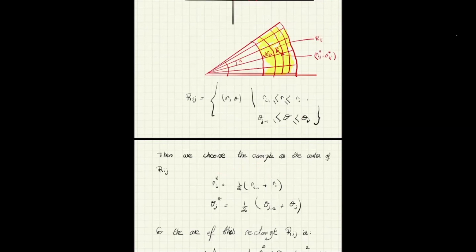We wanted to find the middle point of the rectangle R_ij, and we wanted to describe this point by a radius and an angle.